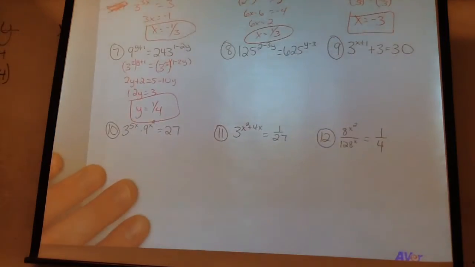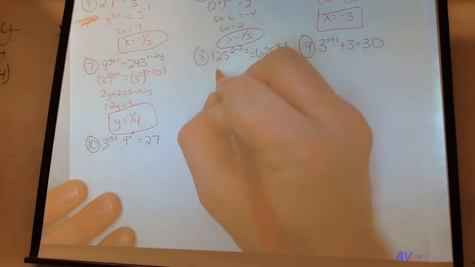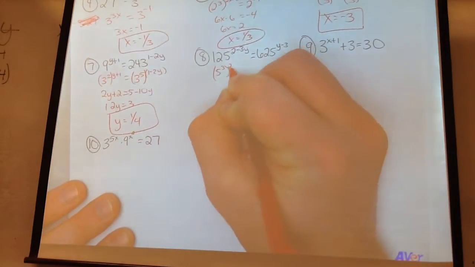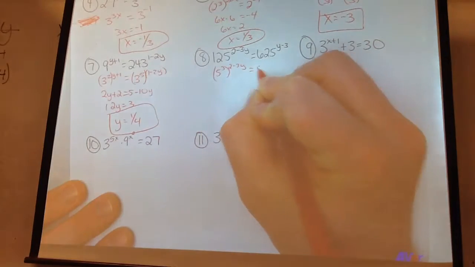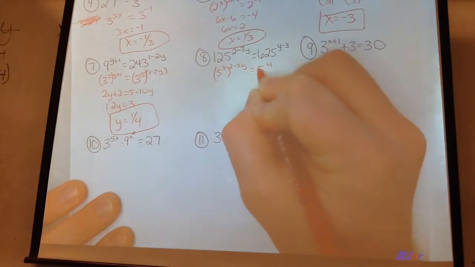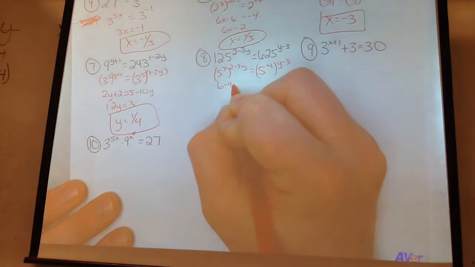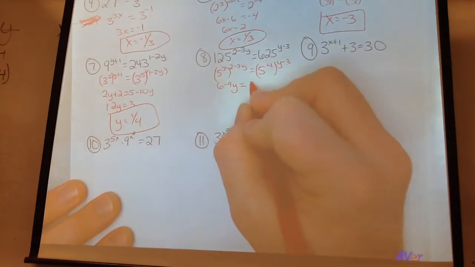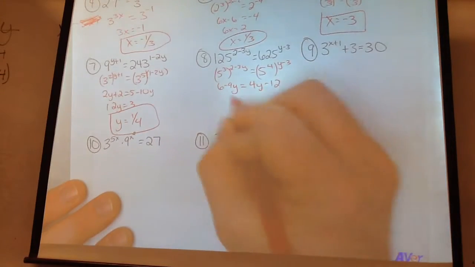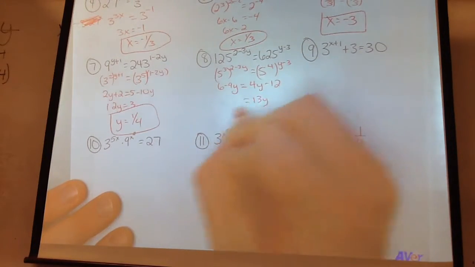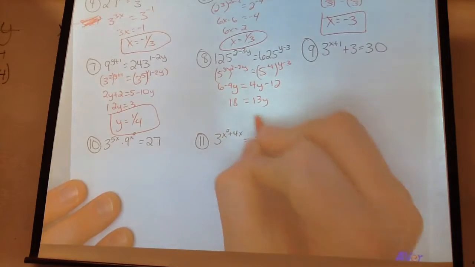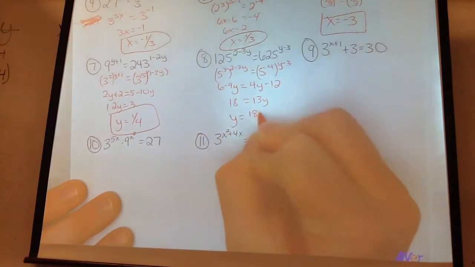That's 5 to the third to the 2 minus 3y, and that's 5 to the 4th to the y minus 3, so that's 6 minus 9y equals 4y minus 12, so 13y equals 18. 18 thirteenths. That's a nice problem.